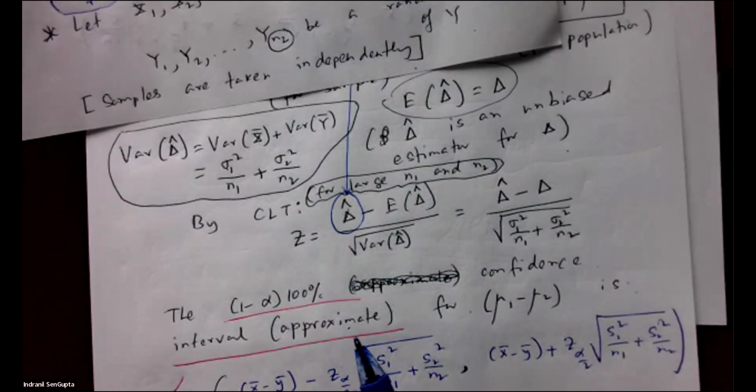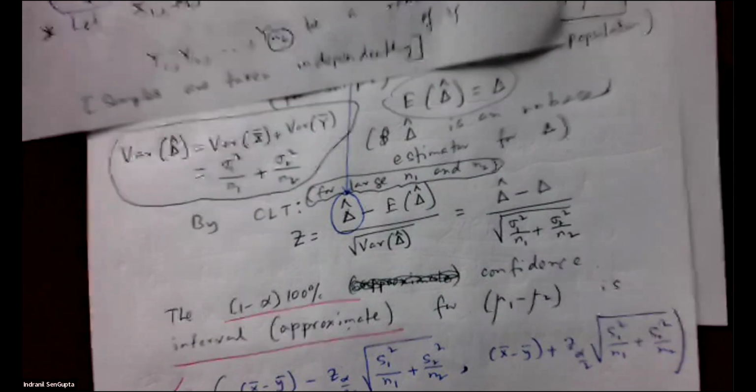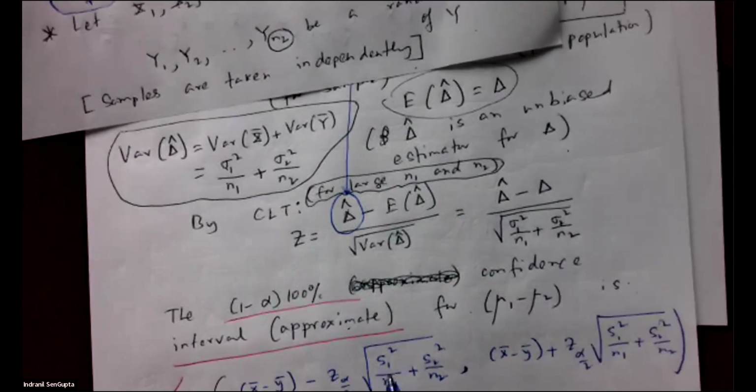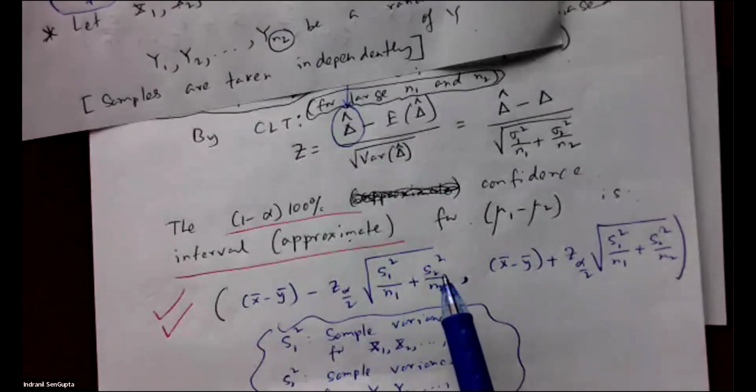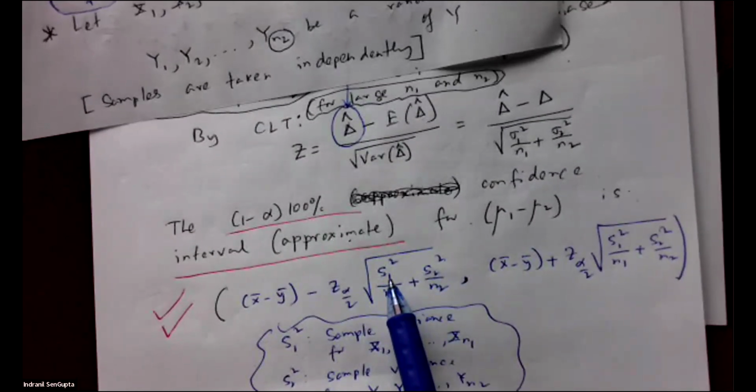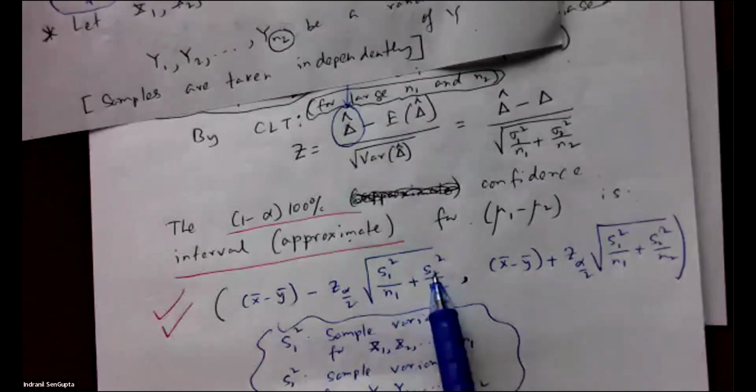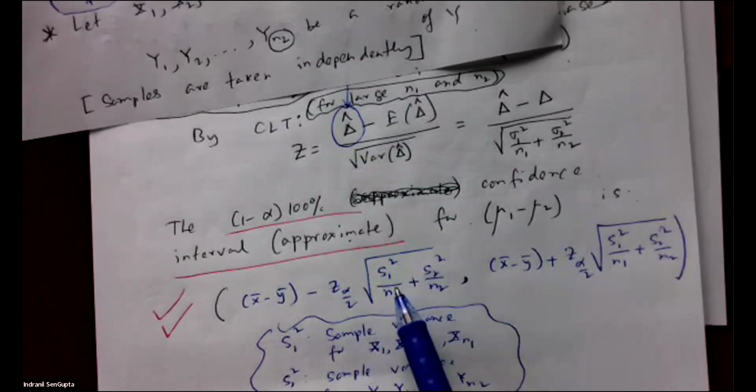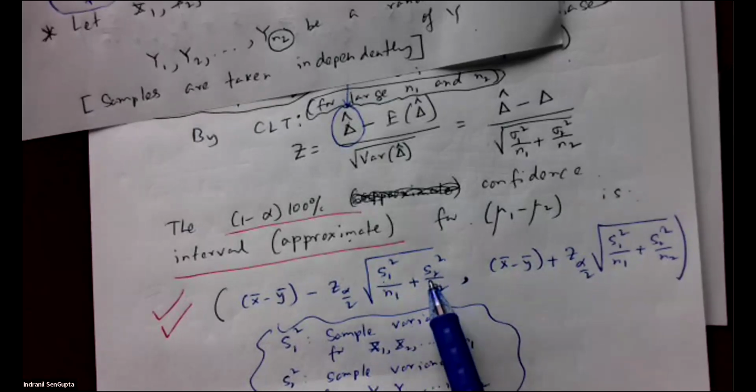Now for problem number 23, it's asking what happens if the original distribution is actually normal. Also, it's given that sigma 1 squared and sigma 2 squared are known. So I don't have to write S1 squared; I can simply replace it by sigma 1 squared and sigma 2 squared because they are known. When we don't know sigma 1 squared and sigma 2 squared, that's when we have to compute S1 squared and S2 squared.